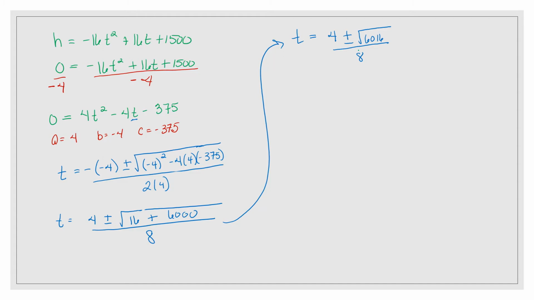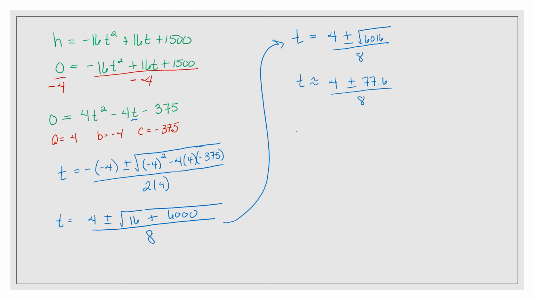Remember, they're allowing us to use a decimal. So I am allowed to find the decimal of 6,016. And how many places will you round it to? Yes, you will round it to 1. So you do your work, I'll do my work, and I ended up with 77.6 all over 8. Cool?